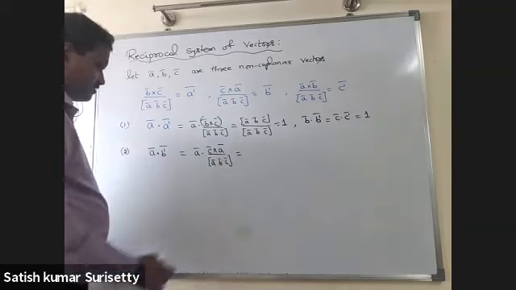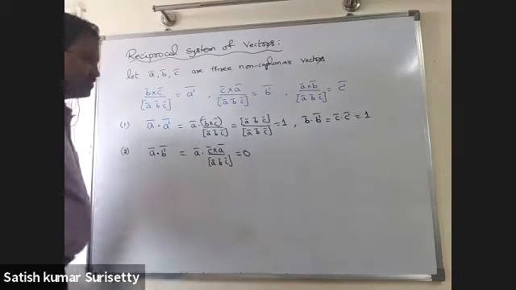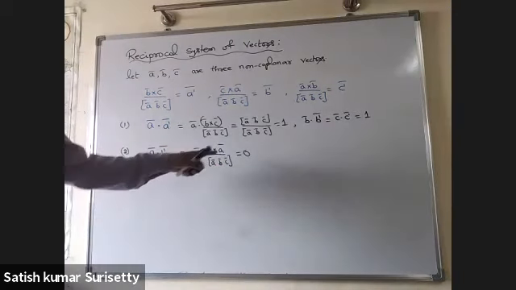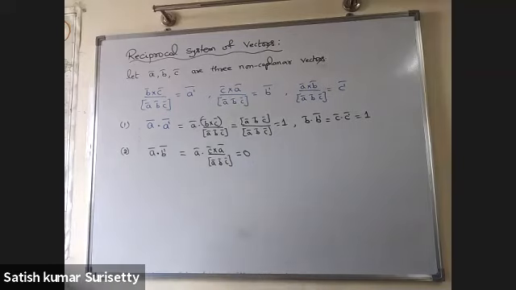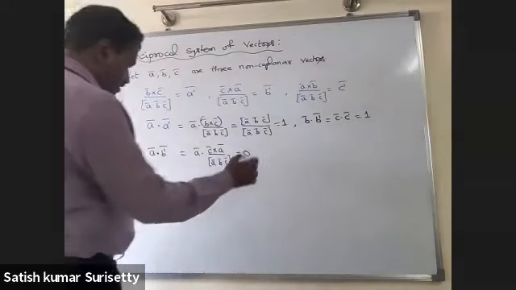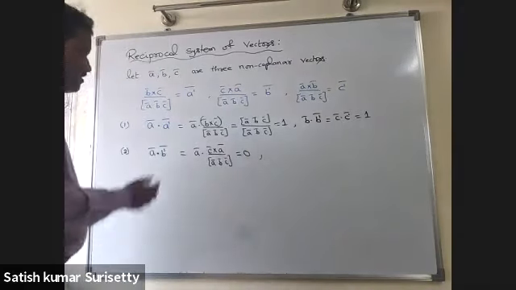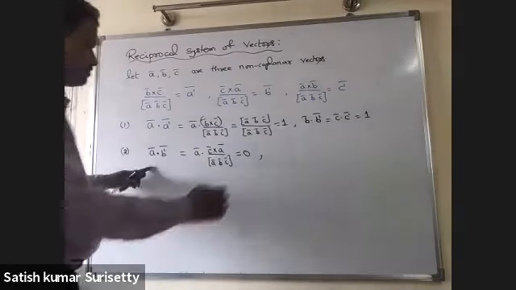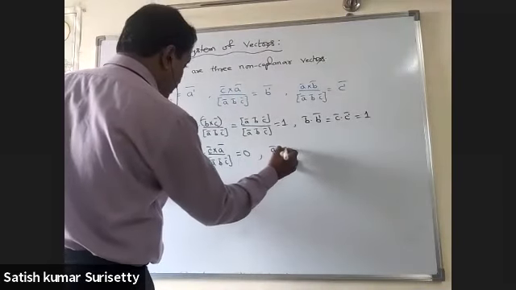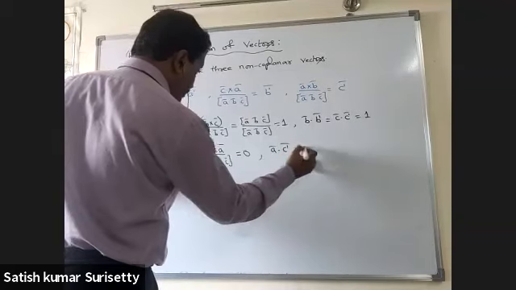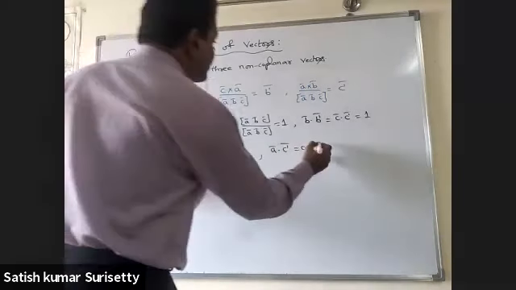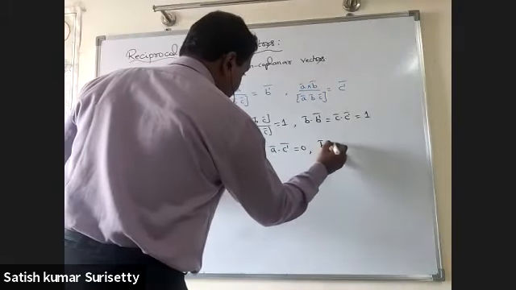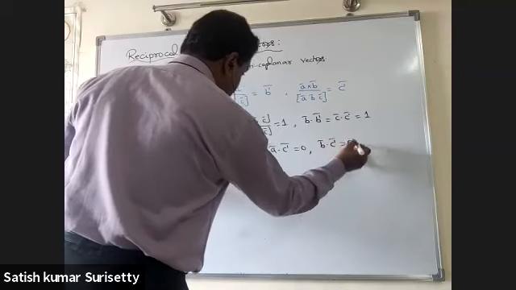What is this equal to? 0, because in A dot C cross A two vectors are the same, so it will be 0. Similarly, you can have several possible combinations. Now let us write a few more. A bar dot C dash bar equals 0. B bar dot C dash bar is also 0.